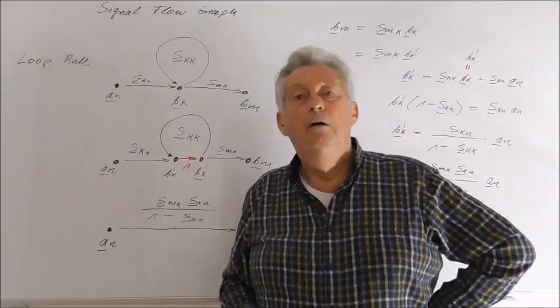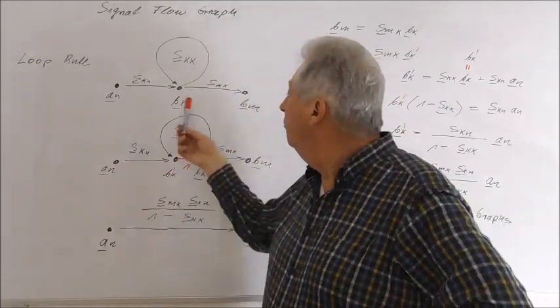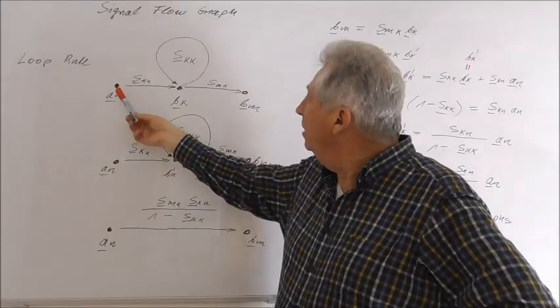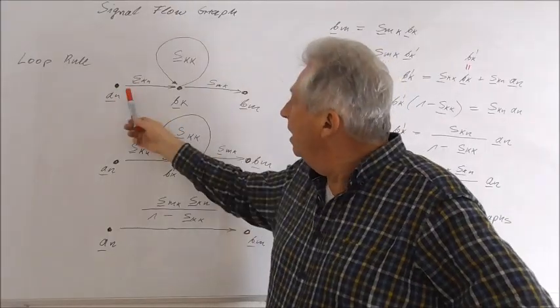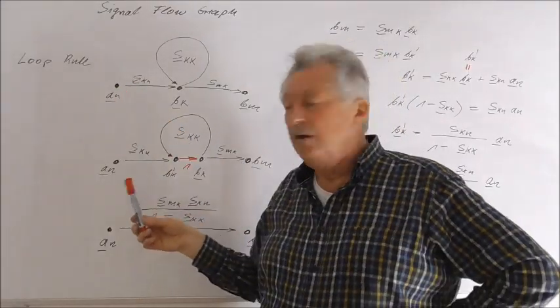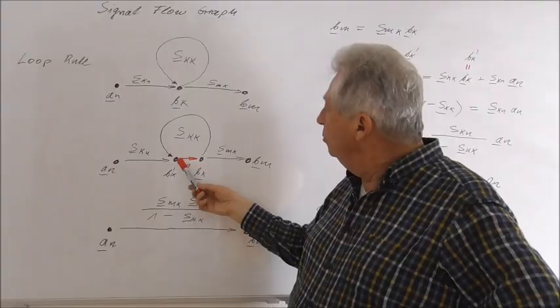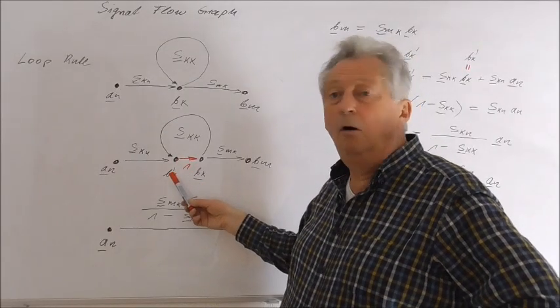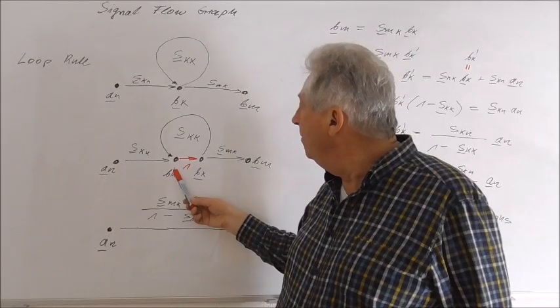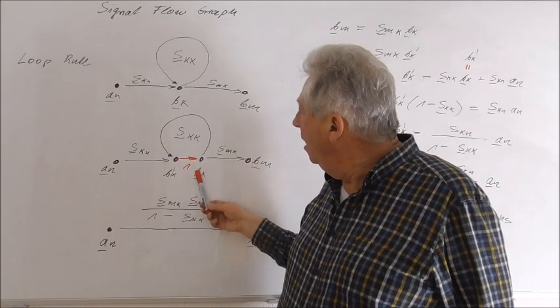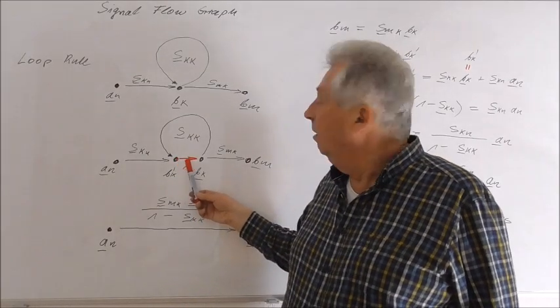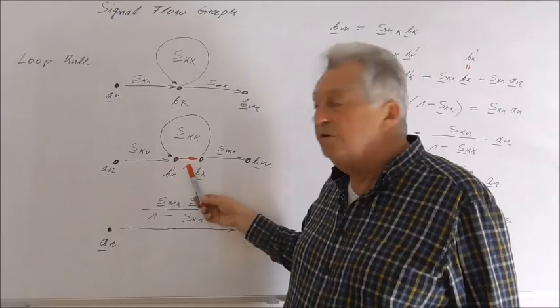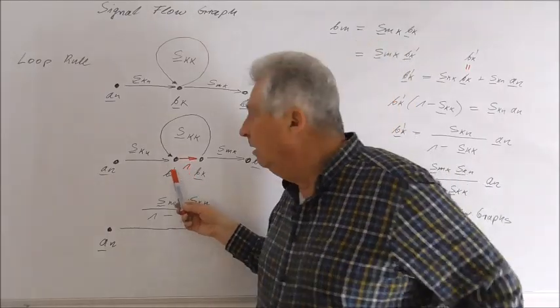And how can we solve now for the result between BM and AN? To do this, we will introduce here a second node which we call BK prime, and BK and BK prime are identical, so we insert here a 1.